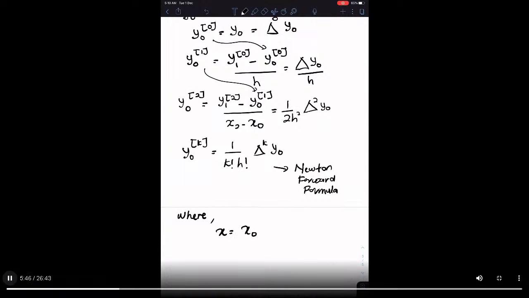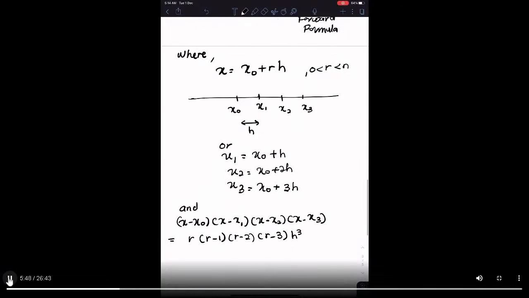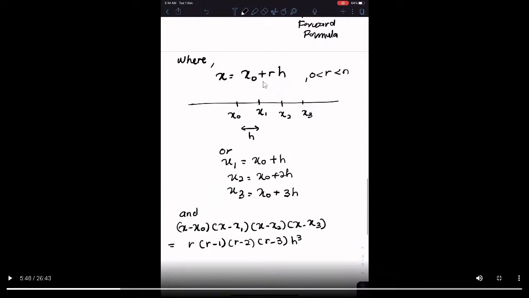x equals x naught plus rh, where r is how many times, to get x from x naught. h is the size of interval.